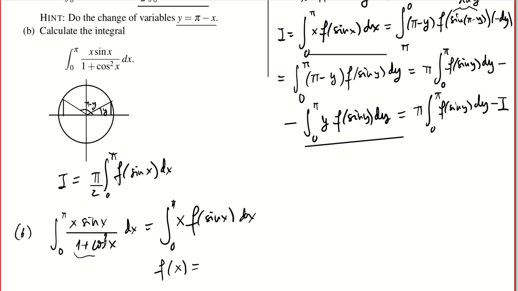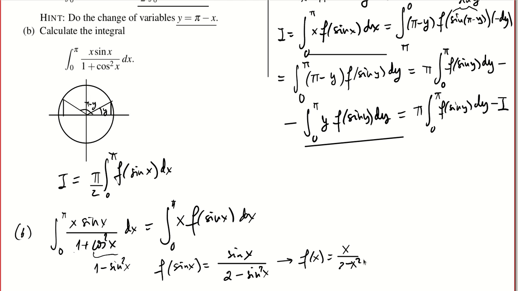In order to identify this function, we have to express the whole function in terms of the sine. But that is easy, because the numerator is already a sine, and the denominator, the cosine squared, is 1 minus sine squared, so what we have is 2 minus sine squared. So that implies that the function f is x over 2 minus x squared.